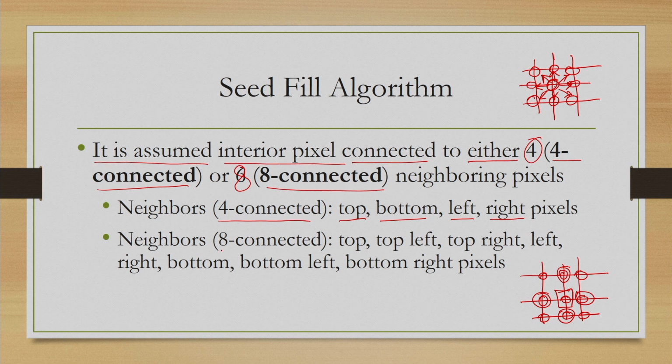Whereas, when we are dealing with 8 connected pixels, we are dealing with the 8 neighbors: top, top left, then top right here, then left, right, bottom, bottom left here and bottom right here. So, either of these connections we can assume, and accordingly the algorithm is executed.